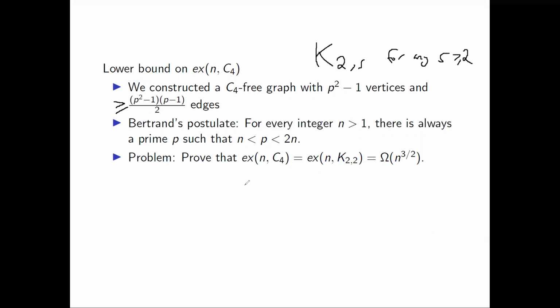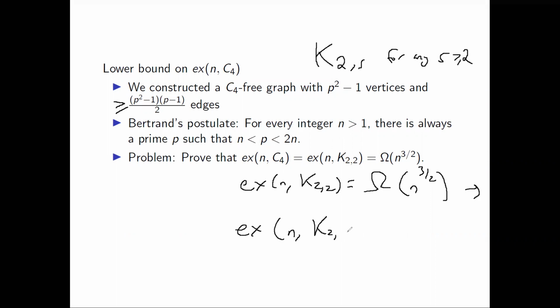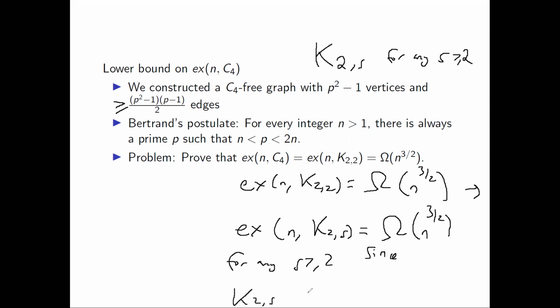So from this result, if ex(n, K_{2,2}) equals omega of n to the 3/2, then we know immediately that ex(n, K_{2,s}) has to equal omega of n to the 3/2 for any s greater than or equal to 2. And this is because of a fact that we observed when we started talking about the Turan numbers. It's because K_{2,s} contains K_{2,2}.